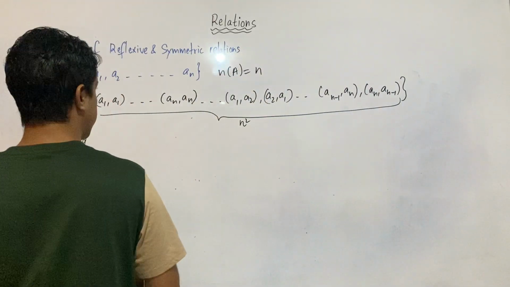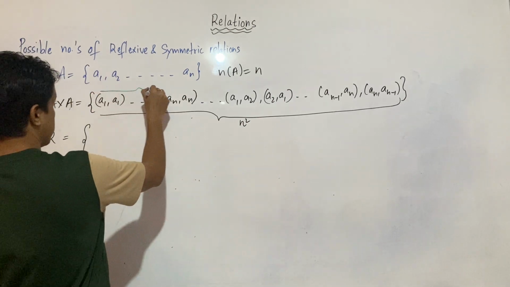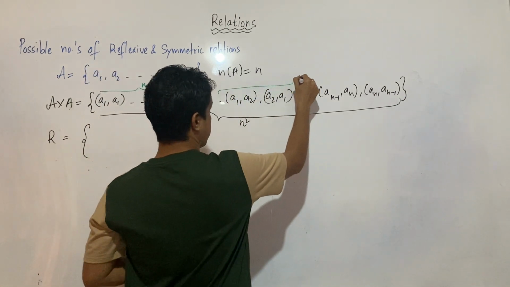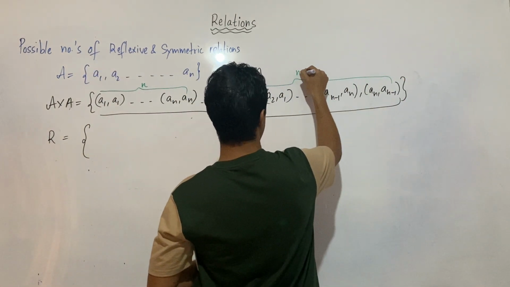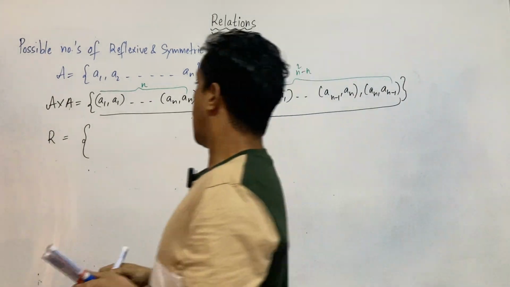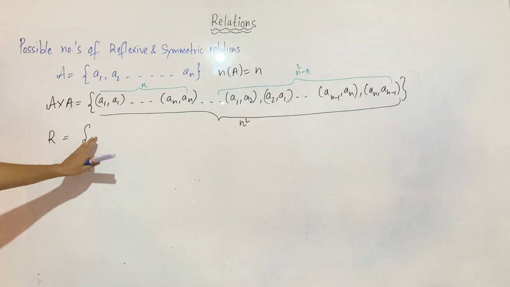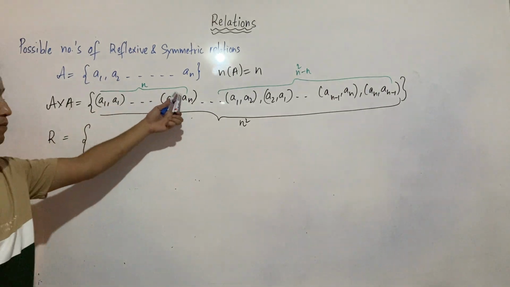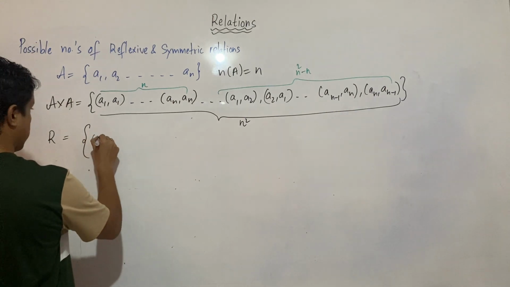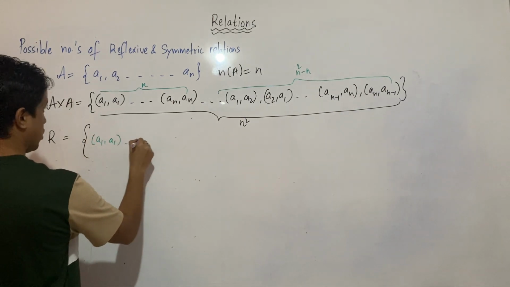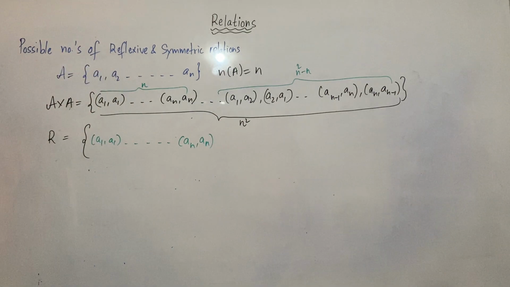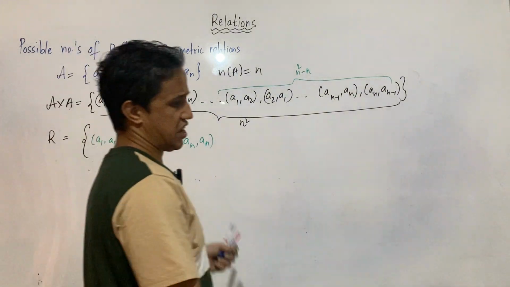And of these, n are the diagonal pairs, so the left ones would be n square minus n, right? To make this relation reflexive, these elements have to come here: (A1,A1), and so on up to (AN,AN). Okay, so this is the minimum condition. It has to stay here.